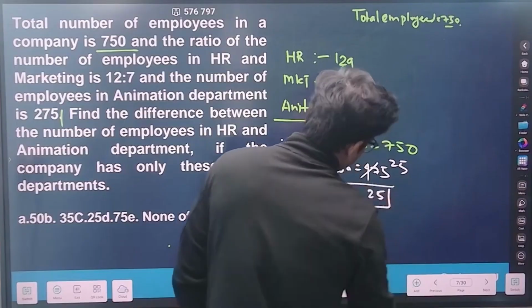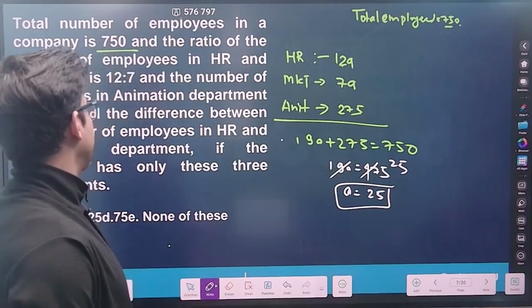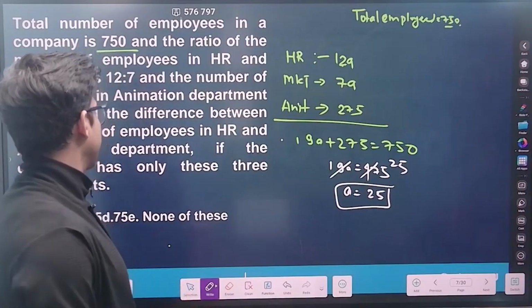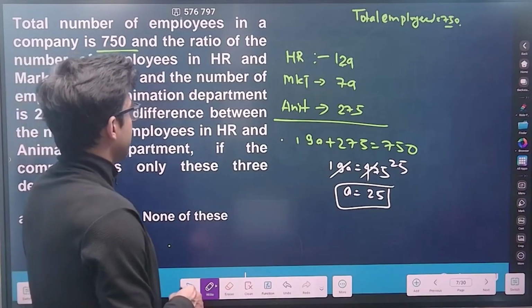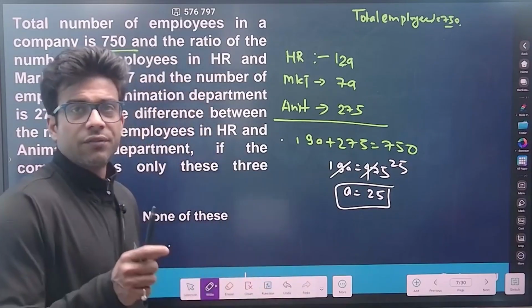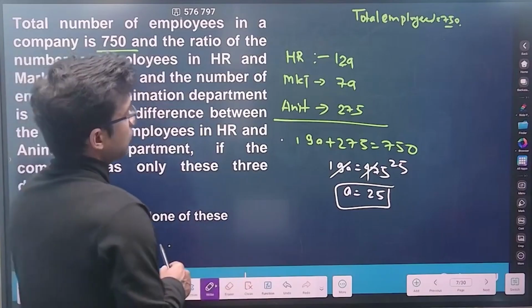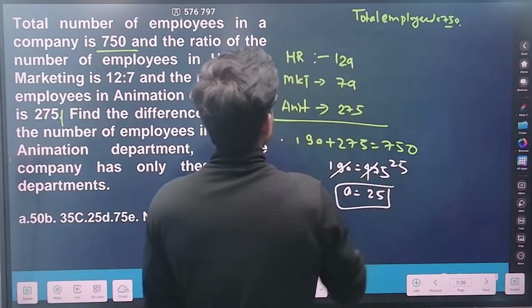If the value of A is 25, they're asking the difference between the number of employees in HR and animation. So you need to figure out the difference.